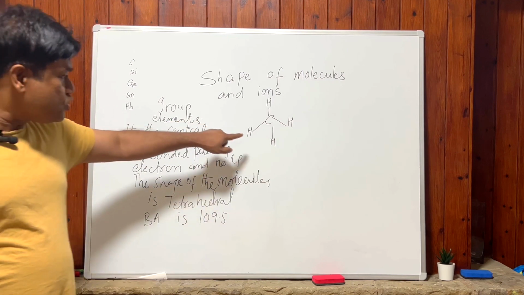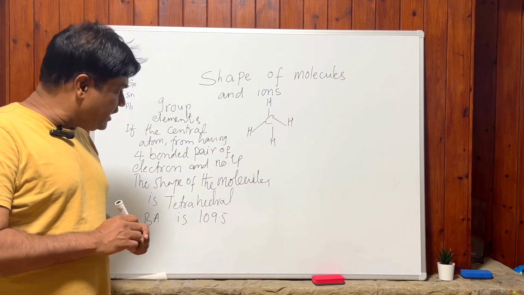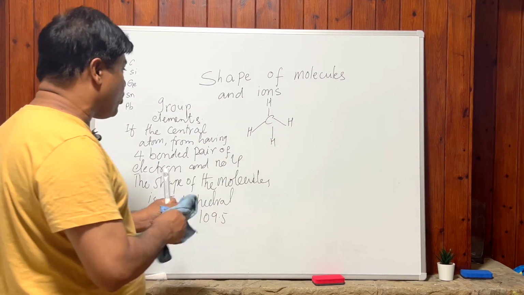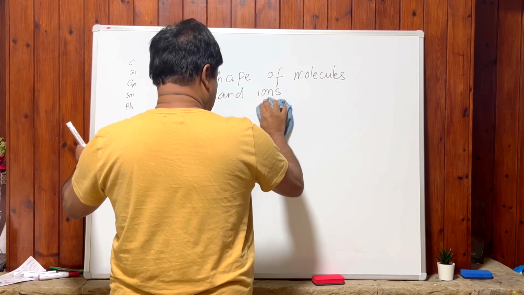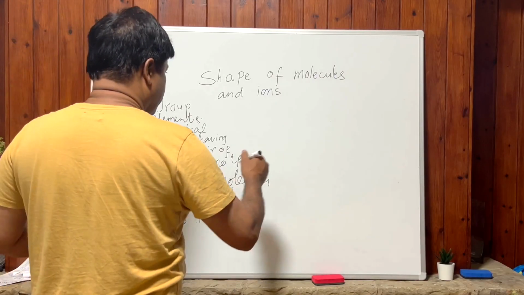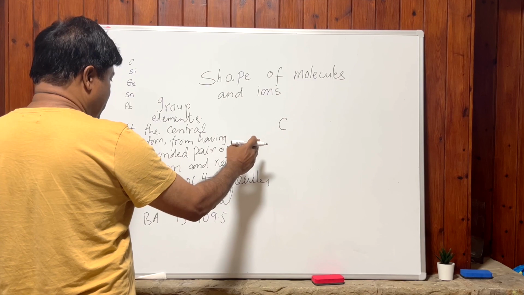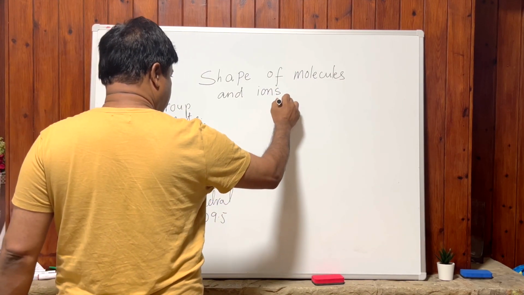Yes, hydrogen or any halogen: fluorine, chlorine, bromine, iodine. So methane, CH4. Carbon is the central atom in CH4. Either you can take hydrogen or any halogen atom, like fluorine.